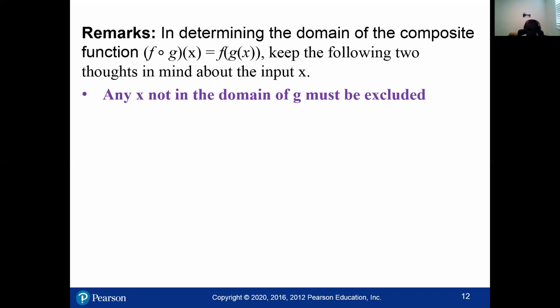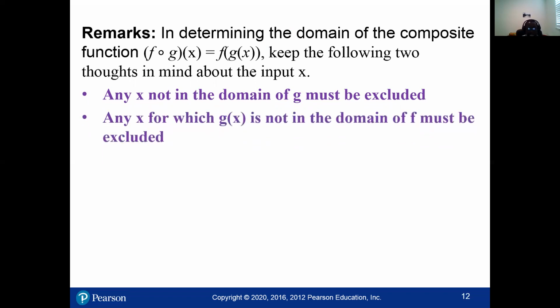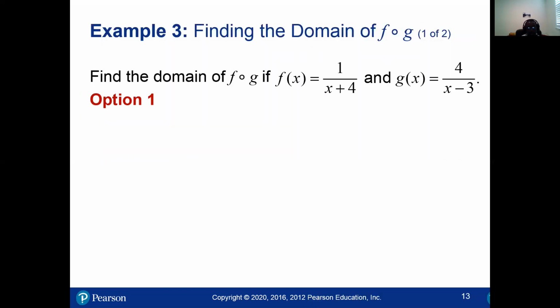Second, any x for which g of x is not in the domain of f must also be excluded. There are two ways we do this, and I'll show you in a minute.